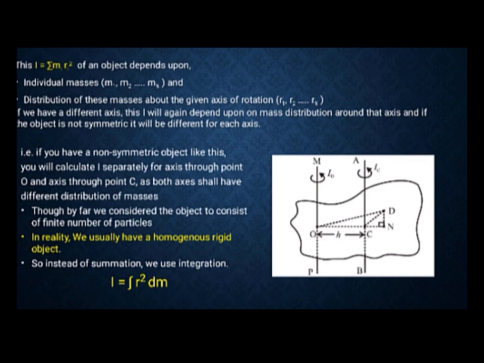In reality, we usually have a homogeneous rigid object. So instead of summation, we use integration, that is I is equal to the integration of r square dm.